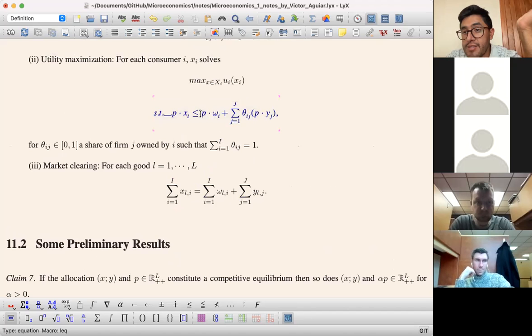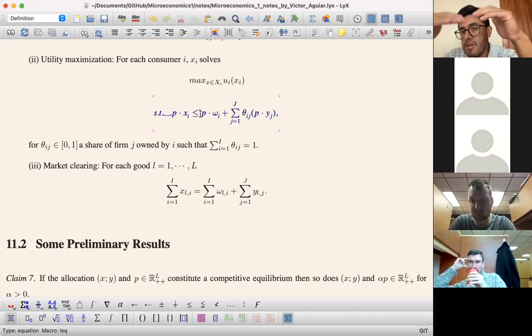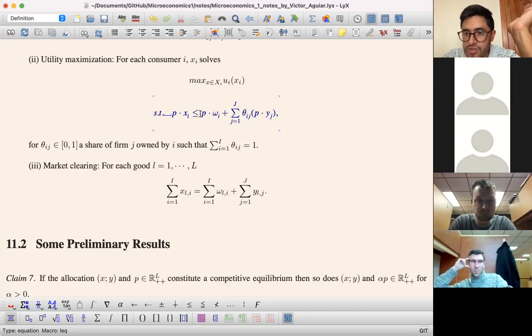So if I double prices, I'm doubling the income of this endogenous income guy. Do you understand? Because I'm doubling the prices, I'm doubling the amount they get by selling the endowments, and I'm doubling nominally the profits they are getting, okay? The share of profits. So income is doubling, and so are prices. So by the homogeneity of degree 0, the real budget faced by this consumer is not changed, right? So check, consumers are still doing the same as before.